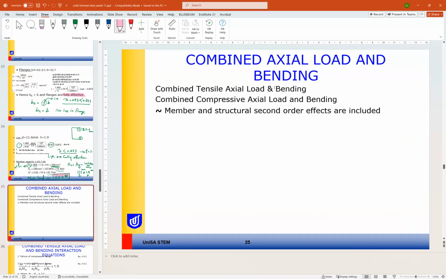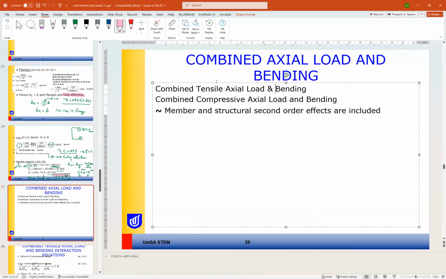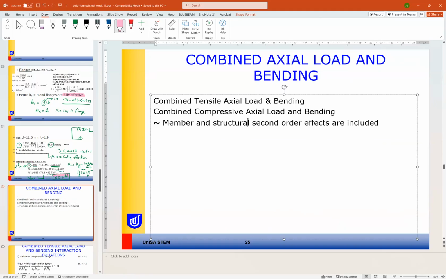And let's have a look at the members under combined loading. If we have combined axial load and bending moment, we have two cases.